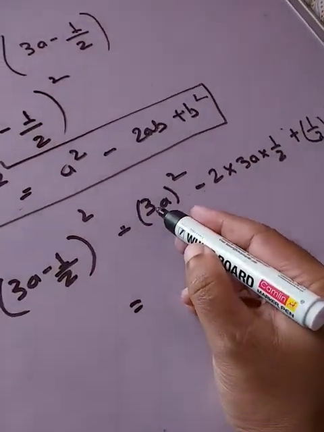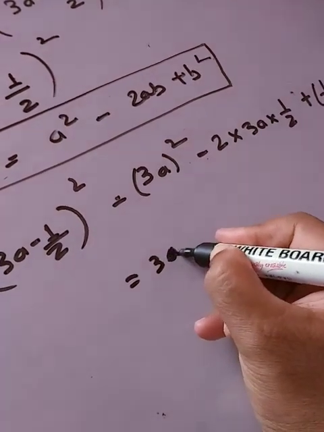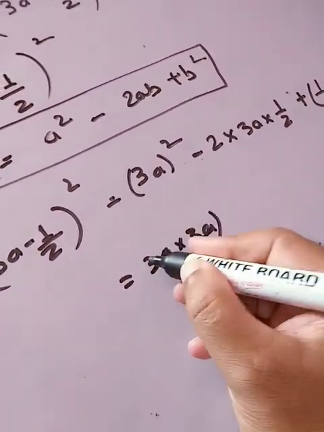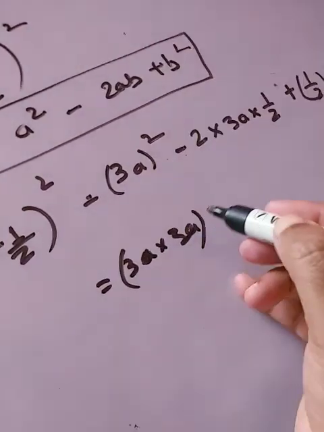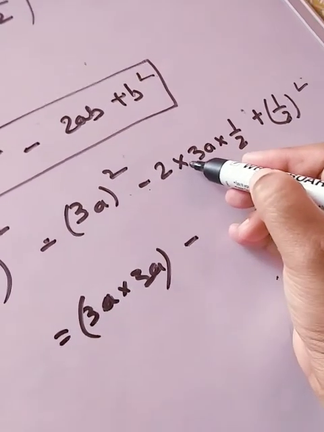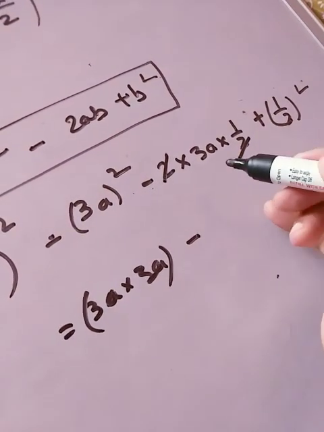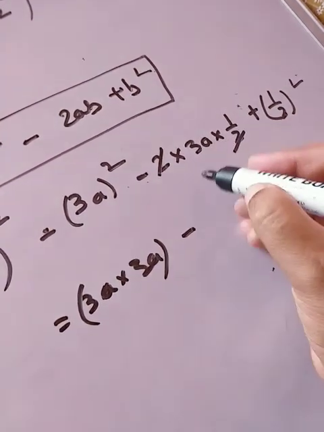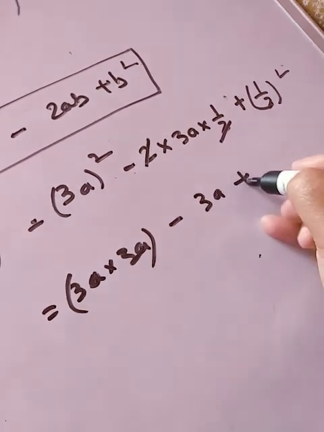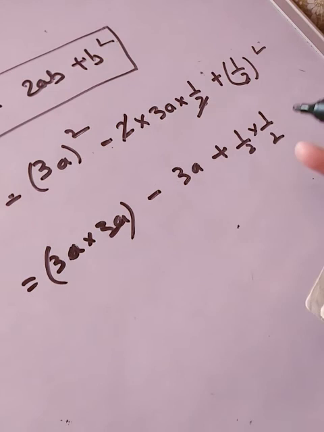Now, what is the product of 3a into 3a? We will write it in this way. 3a square means 3a into 3a. Now, we will solve this. Since it is multiplication, we can reduce. 2 and 2 would be reduced. What is left out? 3a into 1, it will be 3a. 1 by 2 whole square means 1 by 2 into 1 by 2.